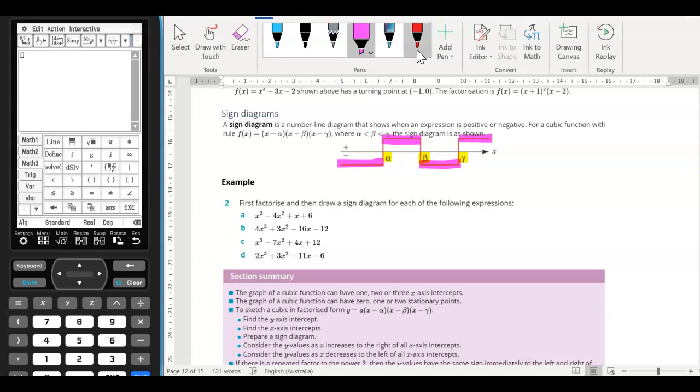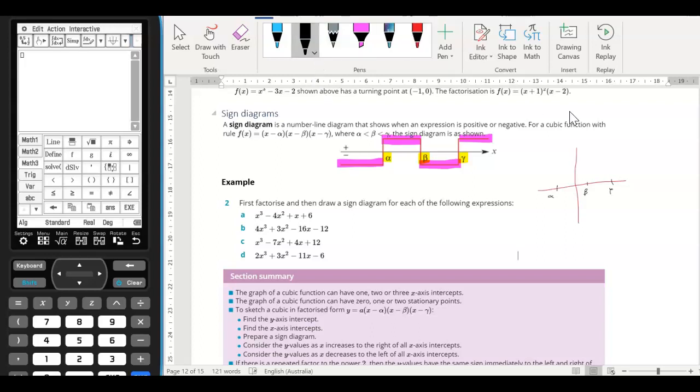So if we think about the graph, we've got our 3 x-intercepts, and I don't know what they are, so I'm just going to put 3 in.